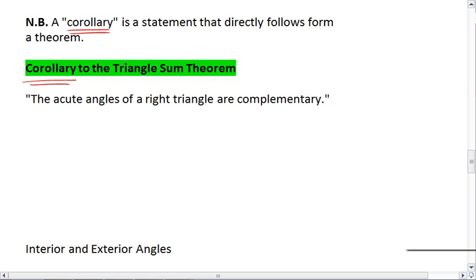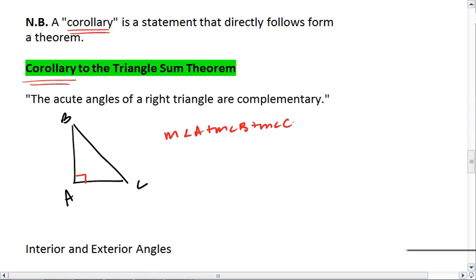What directly follows from this is that if we have a right triangle, so we have a right angle, well, we know that the measure of angle A plus the measure of angle B plus the measure of angle C equals 180. We also can see that the measure of angle A equals 90, which means that the measure of angle B plus the measure of angle C must equal 90.